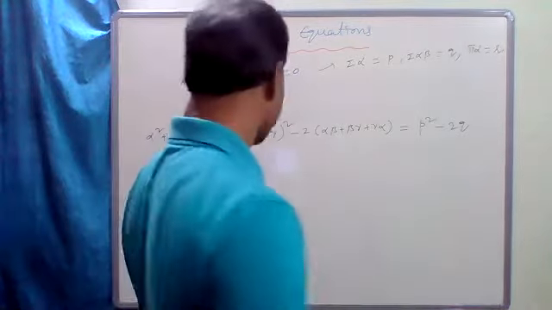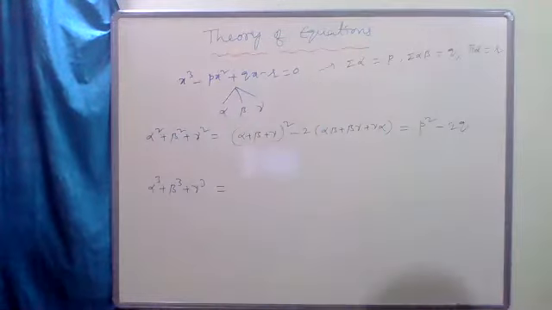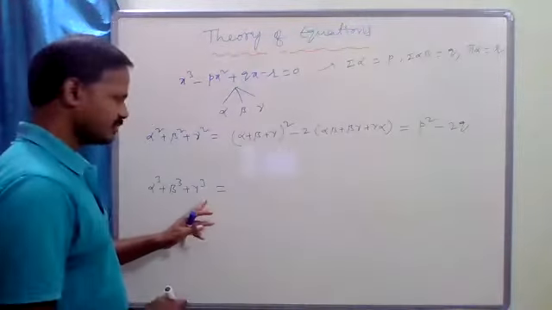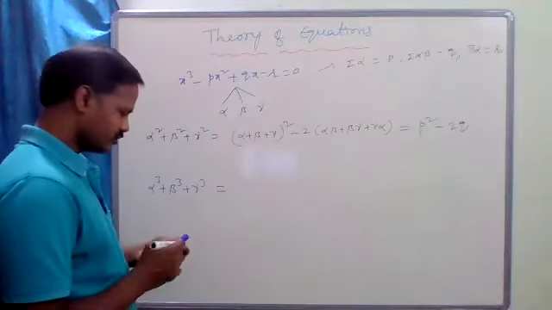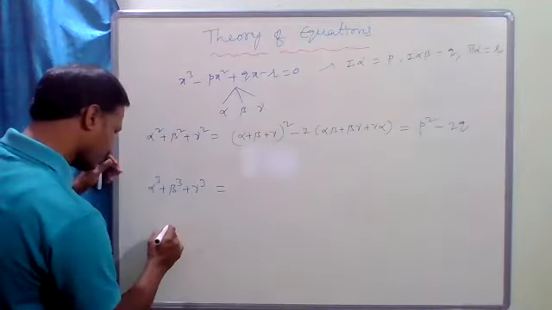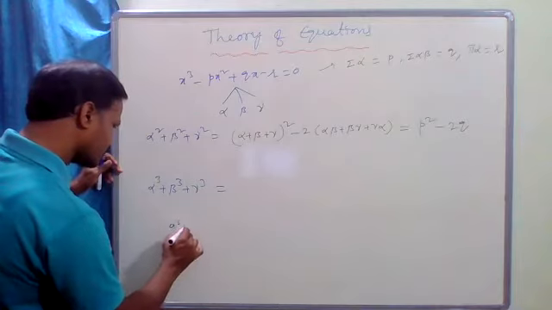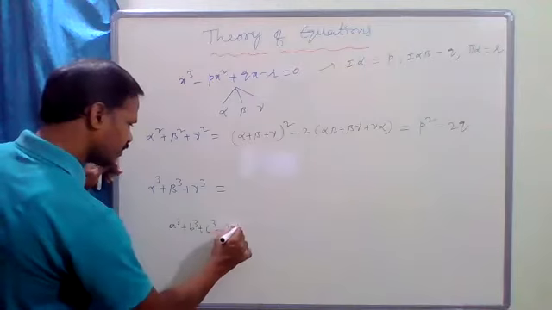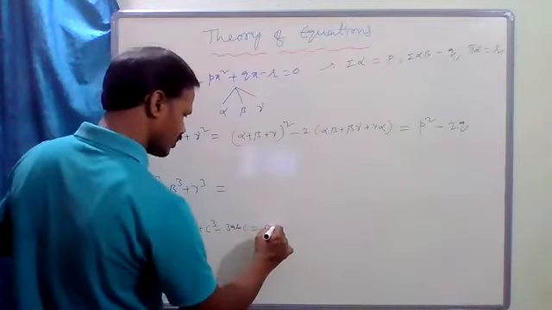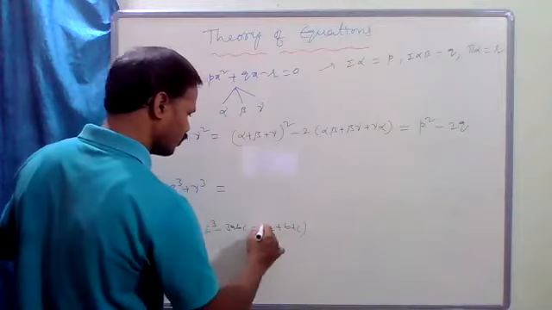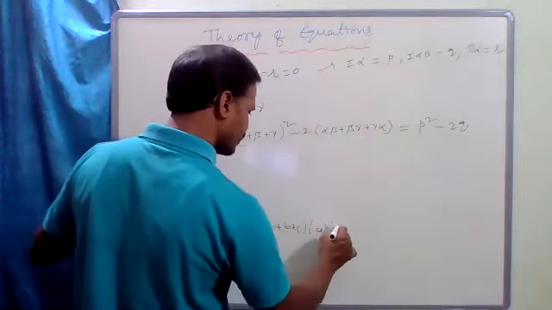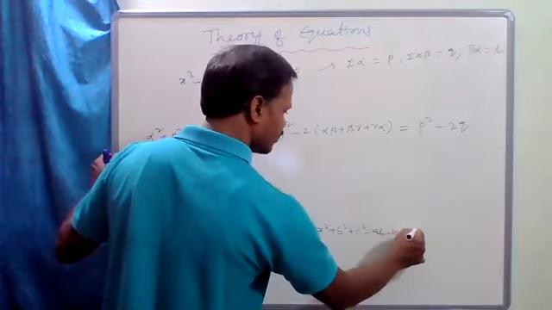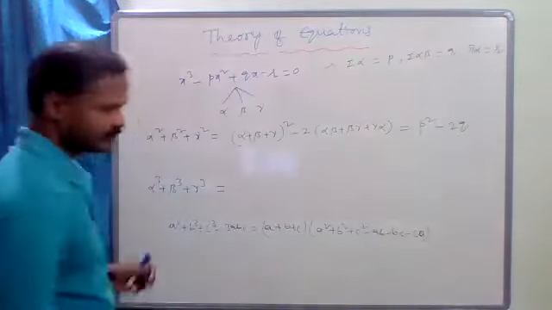What about this? This can be written as, do you remember this formula? A cube plus b cube plus c cube minus 3abc equal to (a plus b plus c) into (a square plus b square plus c square minus ab minus bc minus ca). So this is the formula.